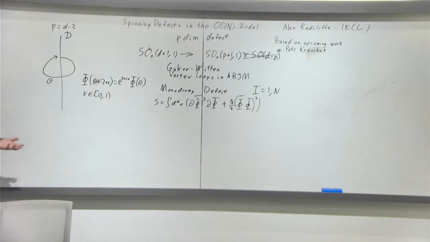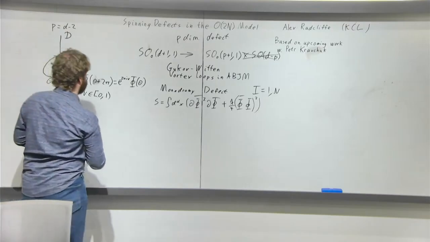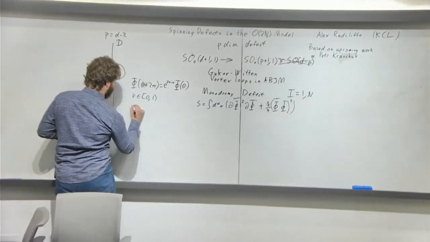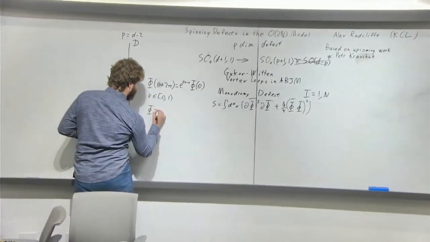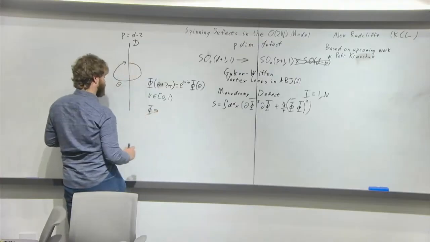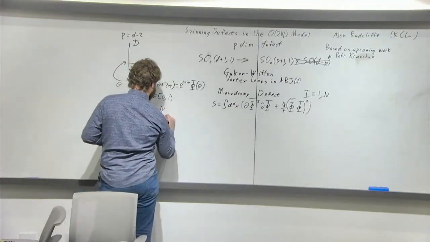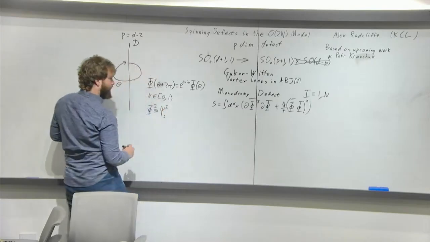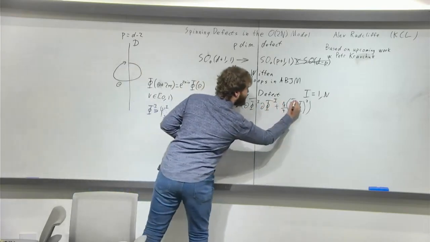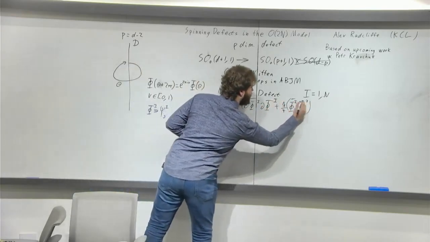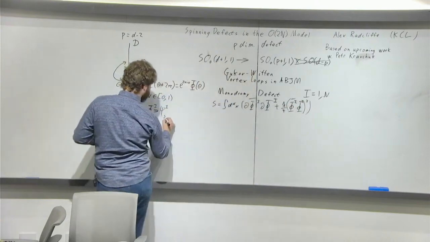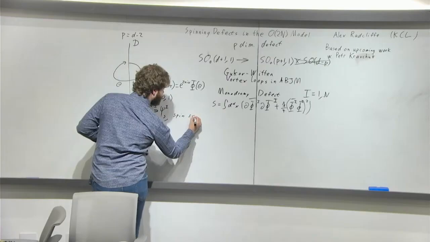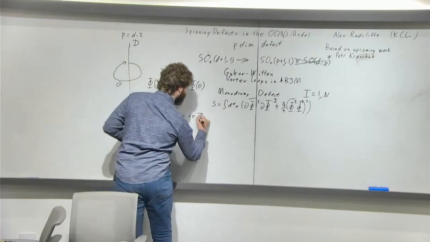So one consequence of this is that the defect operators in this theory, which you will get in the bulk to defect OPE of phi, will have spins which are no longer integers.